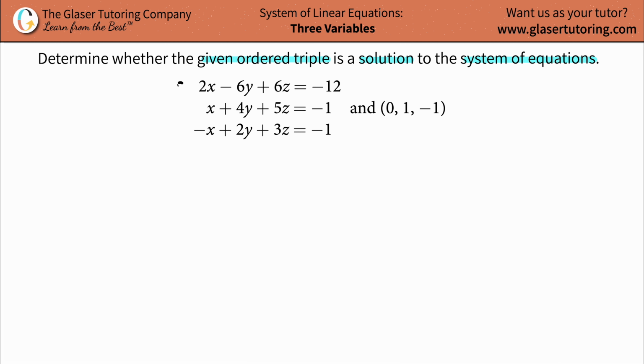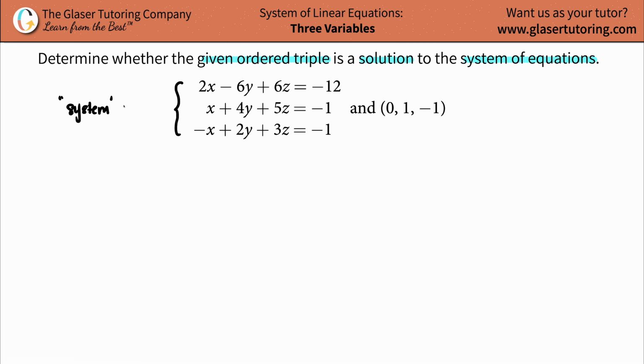Here, since we have three equations, 2x minus 6y plus 6z equals negative 12, x plus 4y plus 5z equals negative 1, and negative x plus 2y plus 3z equals negative 1, those three equations are your system.